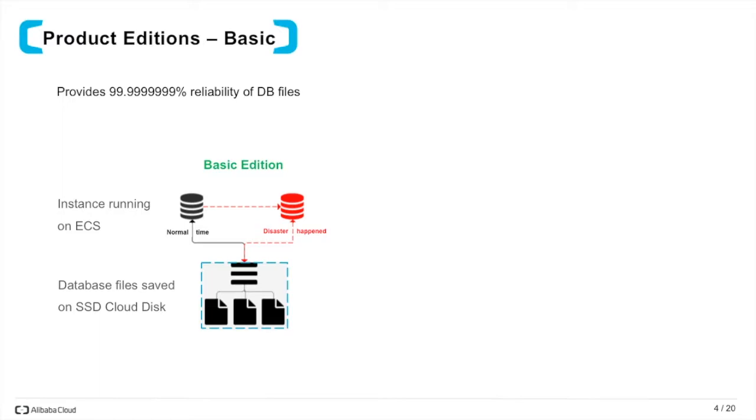So, what we therefore need to do is put the database files and the log files on an SSD cloud disk and let the instance run on a separate ECS instance. ECS stands for Elastic Compute Service and is Alibaba Cloud's basic cloud server product. As you can see, Cloud Disk has a mechanism that enables us to save files with 3 copies. 1, 2, 3.